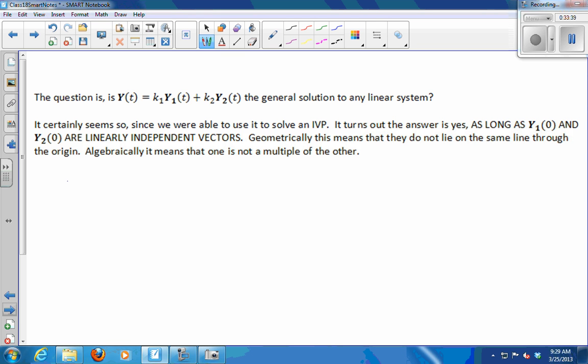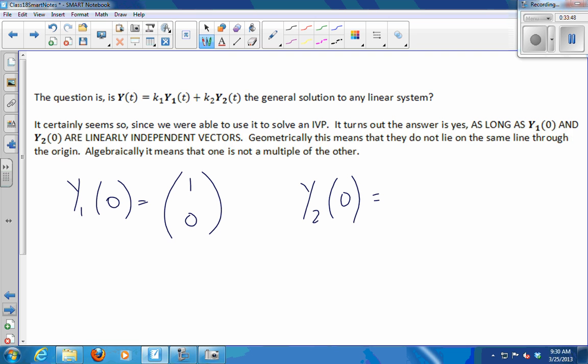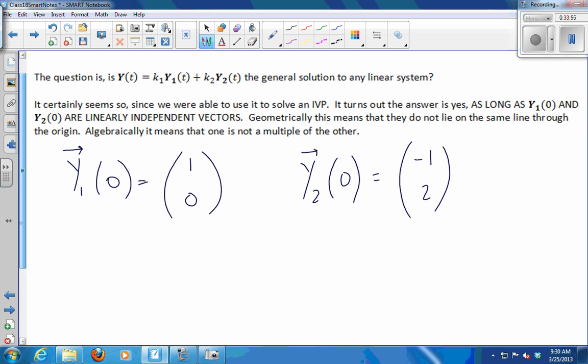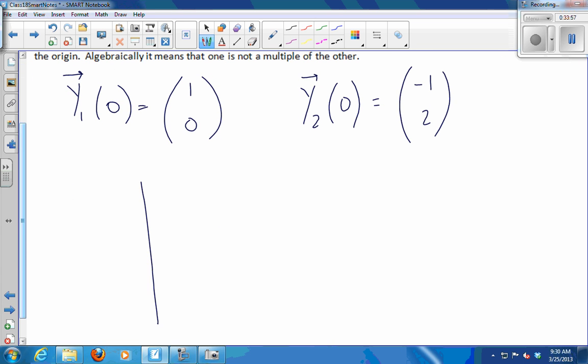So if you remember, y1 of 0 was 1, 0, and y2 of 0 was negative 1, 2. If I were to plot both of these, 1, 0 looks like this, and negative 1, 2 looks like this.